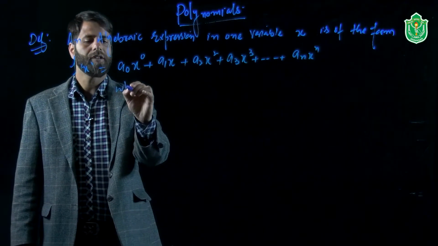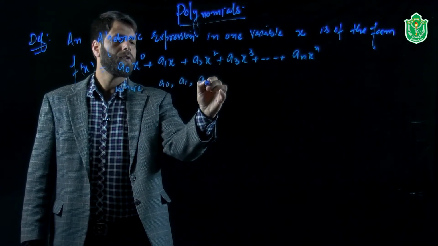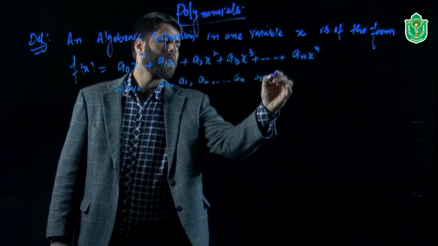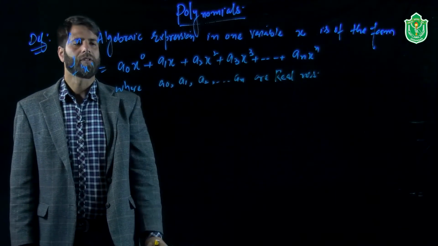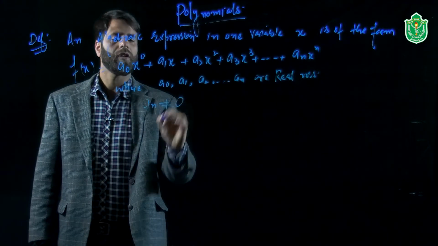This is the mathematical definition of the polynomial. Here the conditions are that a naught, a1, a2, up to an are real numbers, and an is not equal to 0.